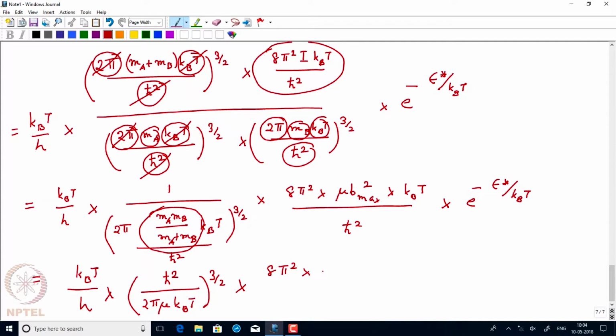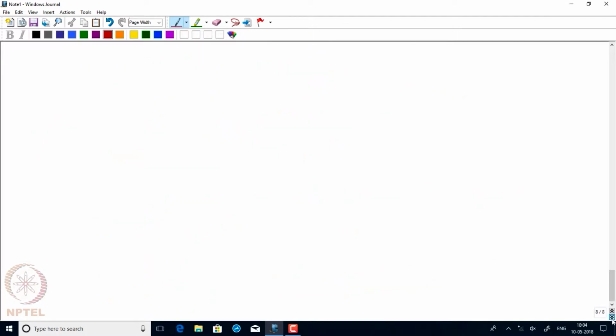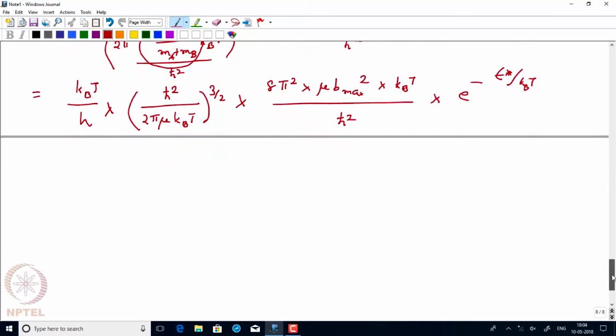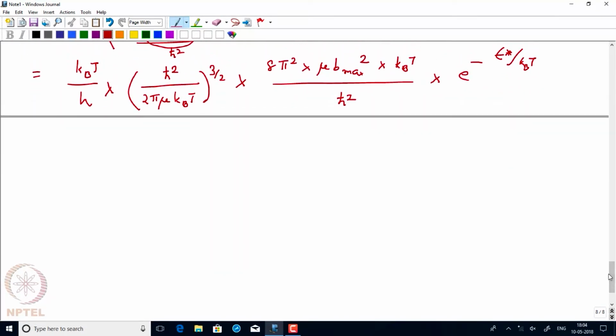It will be mu into Bmax squared into kBT divided by h bar squared into e to the power minus E star by kBT. We have to simplify this expression. My purpose is to show it as the transition state expression.